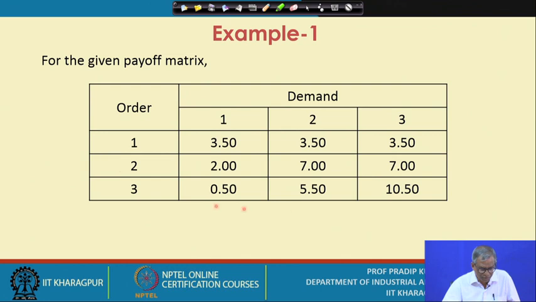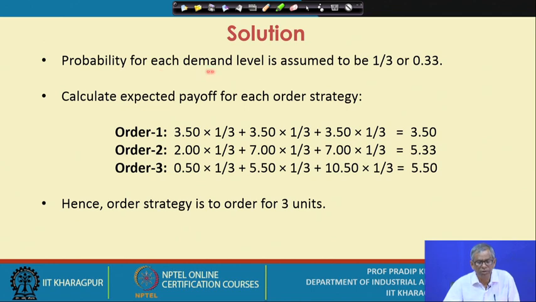So this payoff matrix is converted into a payoff matrix for the static inventory problem under risk. The probability for each demand level is assumed to be 1/3 or 0.33. Already this point is highlighted. Calculate the expected payoff for each order strategy.